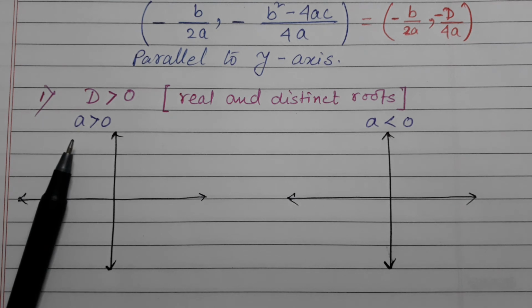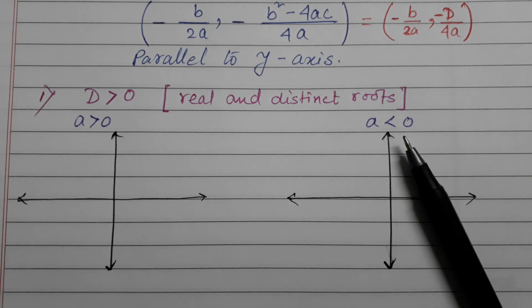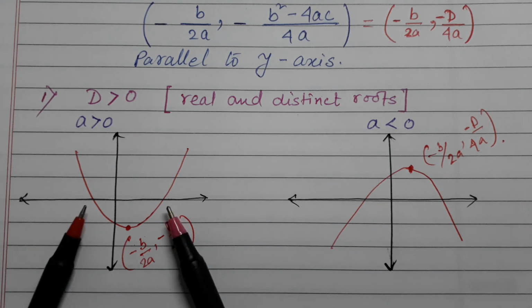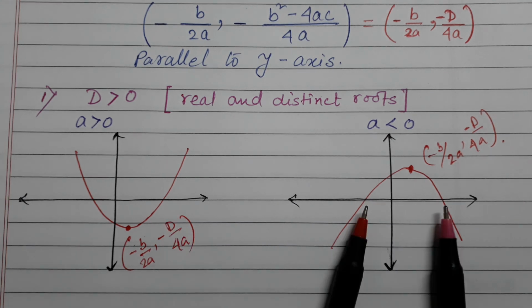And in this case, the parabola will be an upward parabola. And in this case, we can say that the parabola is a downward parabola. But in any case, the parabola is intersecting the x-axis at two distinct points, like we can see here or here.